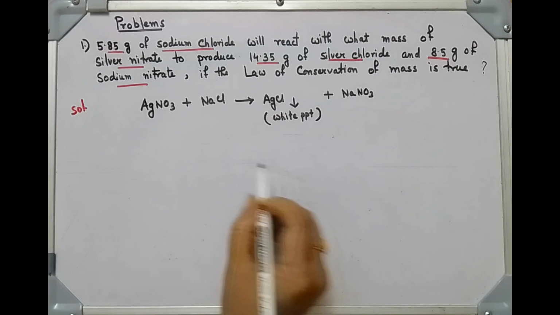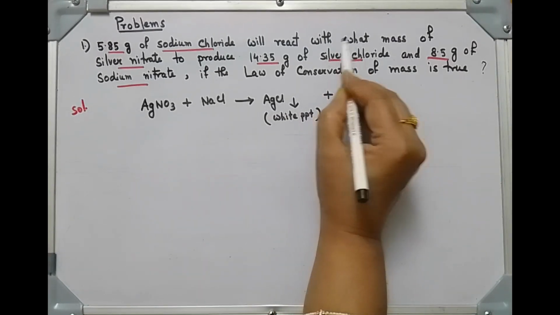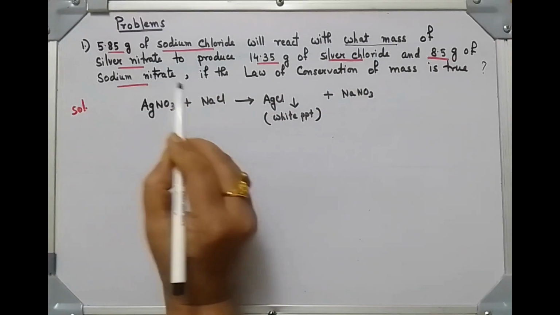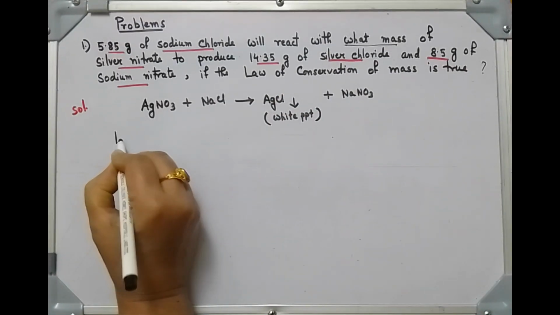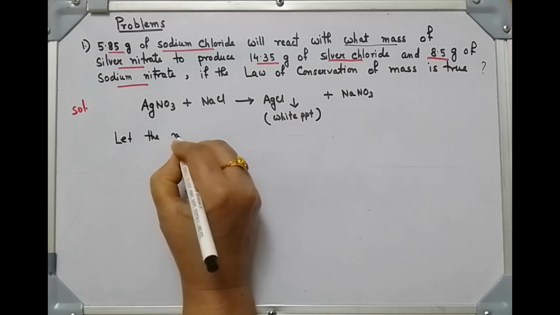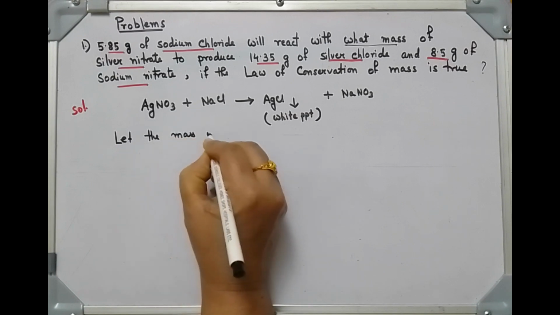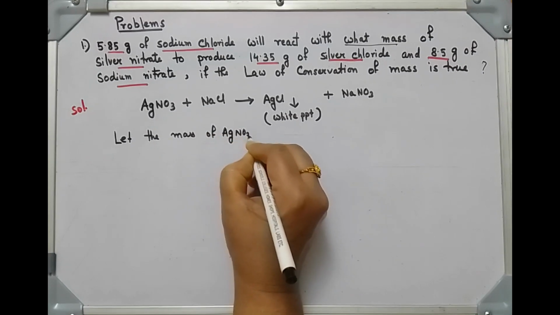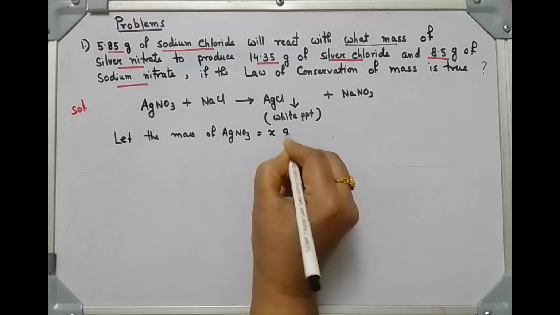Now, what mass of silver nitrate is asked. So we can write, let the mass of silver nitrate be x grams.